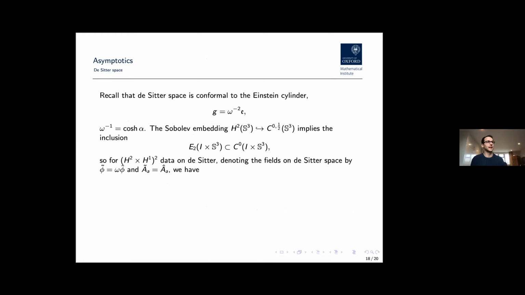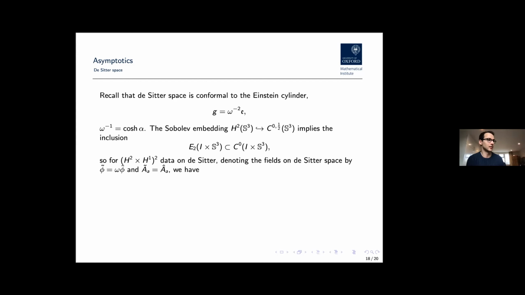So taking the regularity of the solution on the Einstein cylinder, I can embed using this overlap embedding H2 into C0.5, the solution that I have, into the space of continuous functions on R cross S3 to deduce that my solution is in fact continuous on null infinity on de Sitter space.